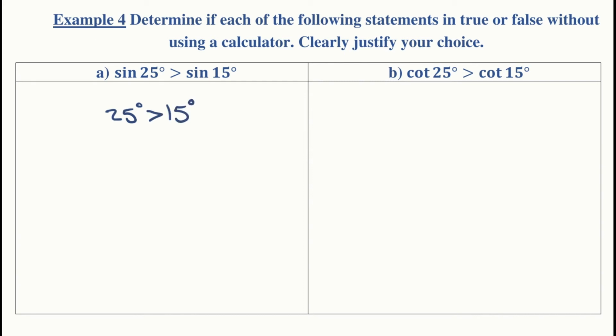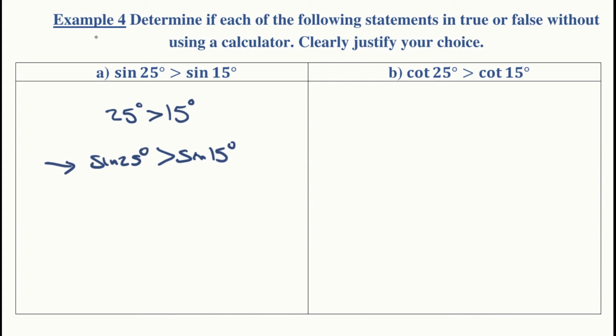In other words, the angle is increasing from 15 to 25, right? So what should happen to the sine of the angle? Remember, as the angle increases, the y value increases, so the sine increases. So does it make sense that the sine of 25 degrees should be greater than the sine of 15 degrees? Absolutely, right?